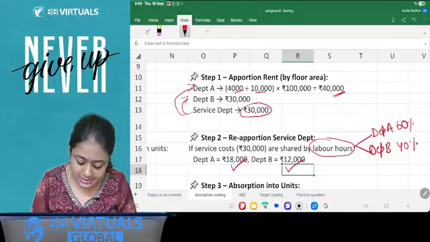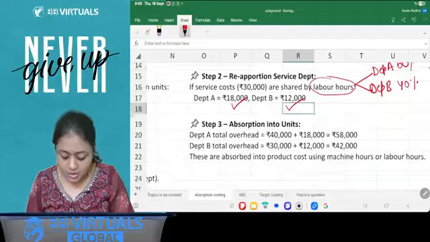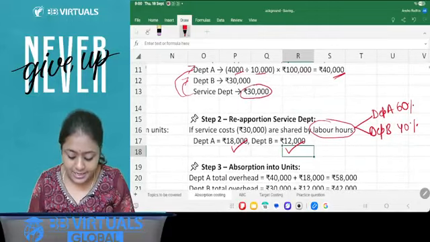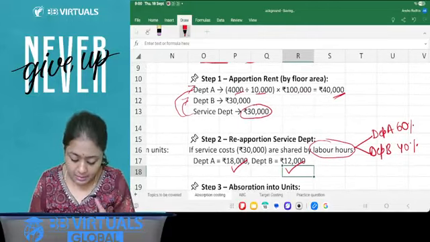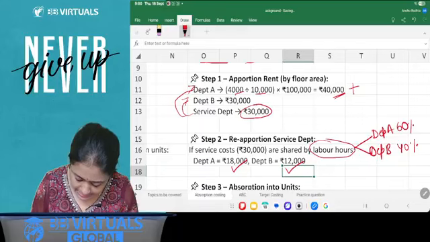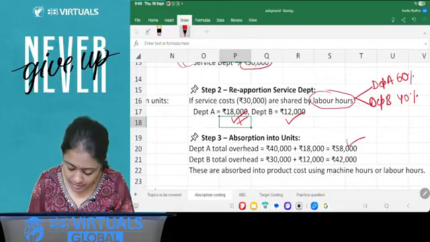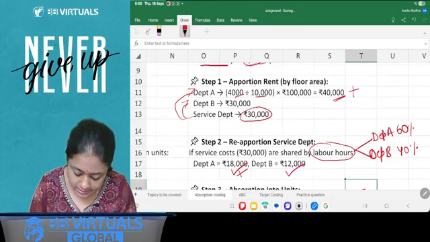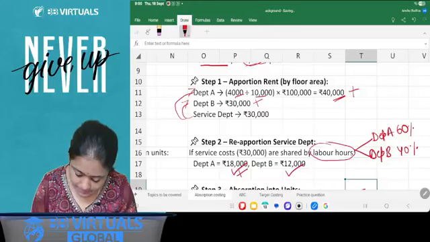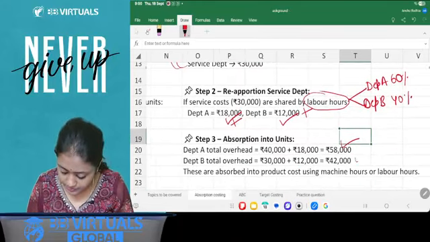Now add this with Department A and add this with Department B. So now when we absorb the overheads, the total overheads of Department A is 40 plus 18, which is 58,000. For Department B, 30 plus 12, which is 42,000.